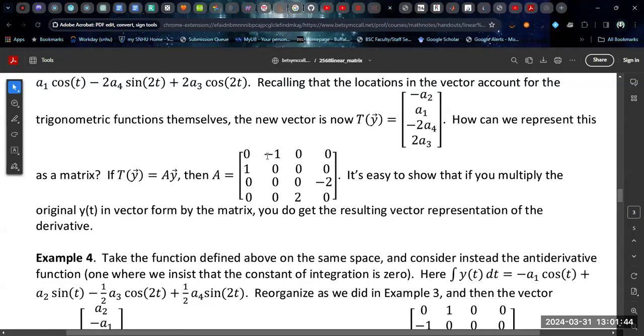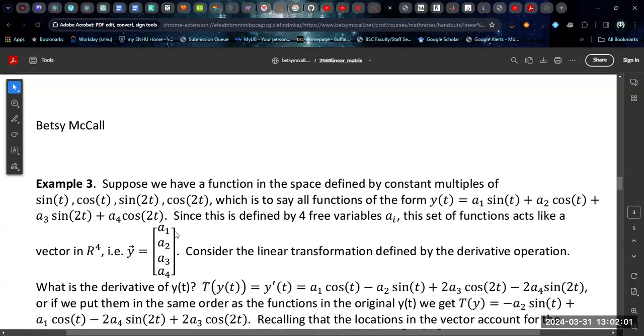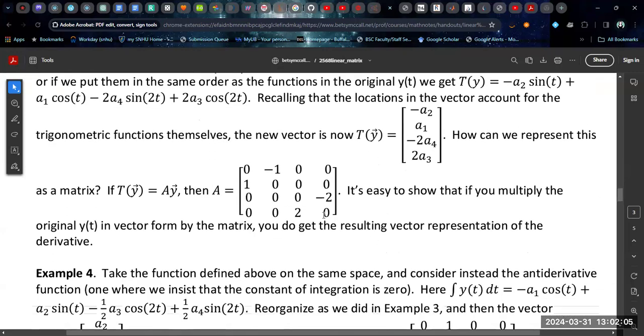So, again, we would have -1 a2. This would just be a1 itself. This would be -2 a4, and this would be our 2 a3. Now, if I take any vector representing a function that has these components, and I multiply the vector of the coefficients by this matrix, that will take the derivative of the function essentially and tell me what the new coefficients have to be.